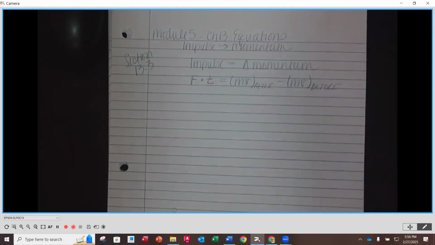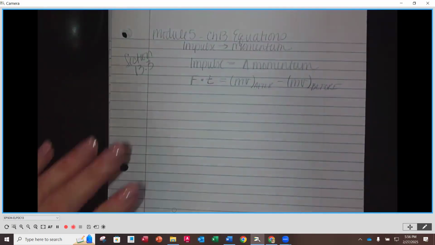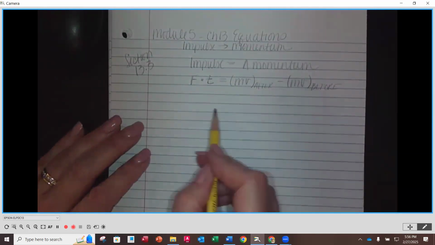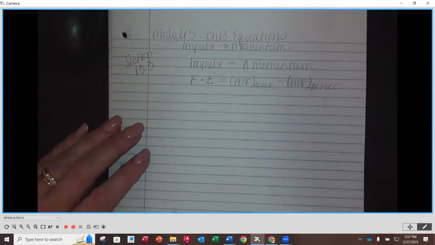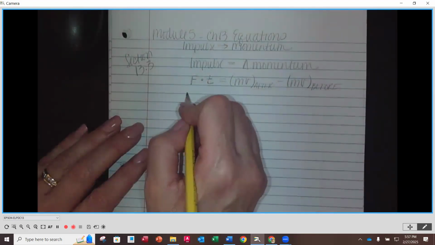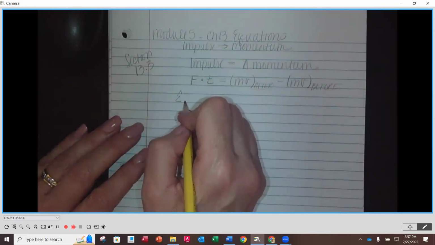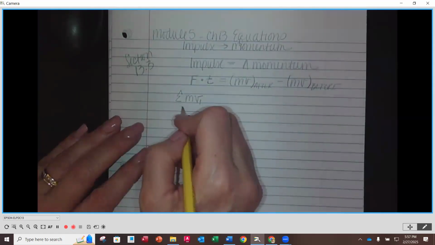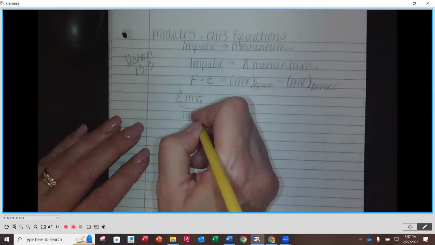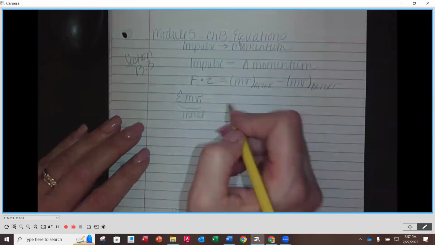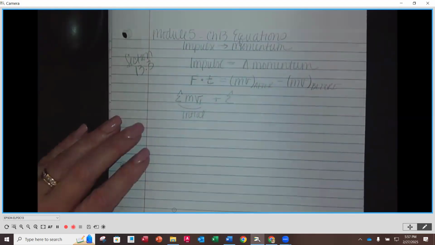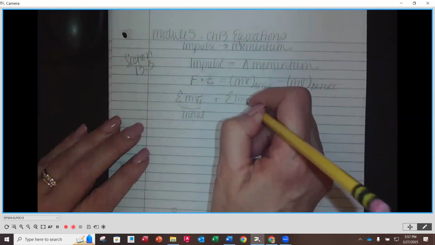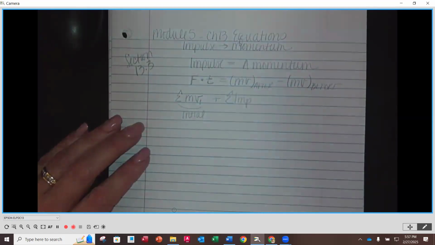Now, just like we had for other quantities, we're going to take this negative and put it on the other side. The standard way that we're going to see the book write this is the summation of all of the momentums present, with velocity 1, so this is our initial or before, plus the summation of all of the impulses. That can come from an applied force.